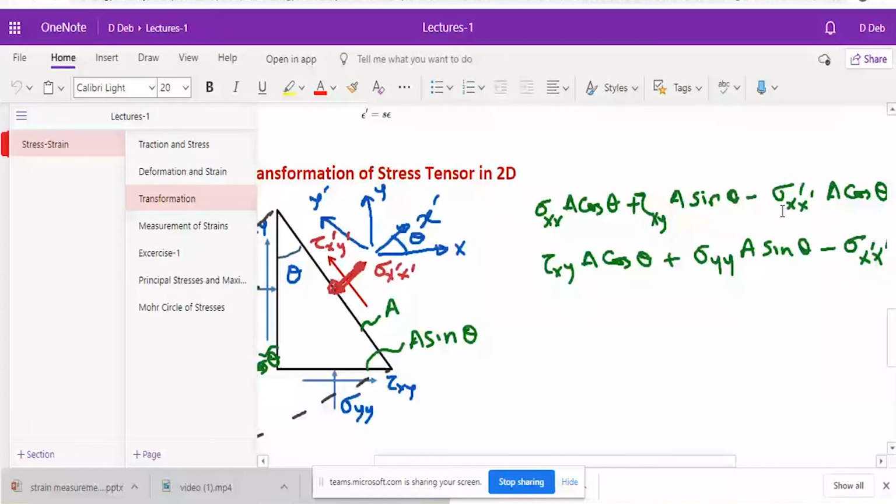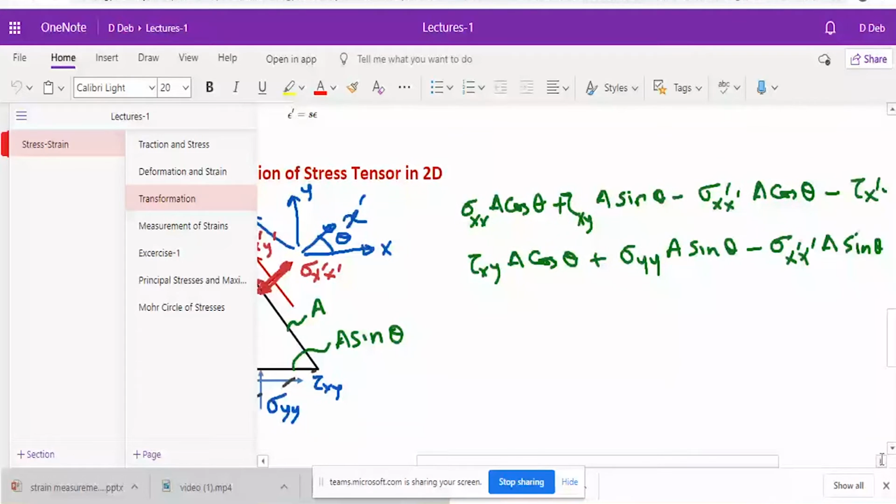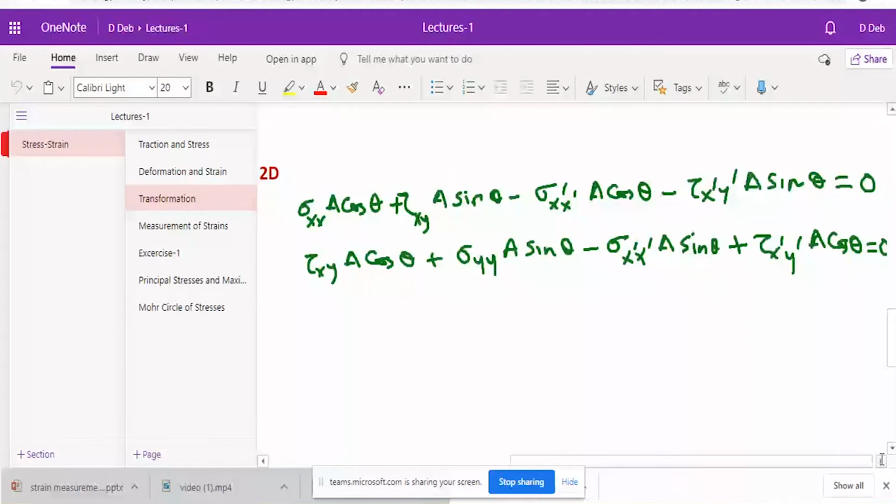So we can write one equation like this, assuming there is no force due to its density, meaning due to its own weight. And the second equation, all the forces in Y direction, we can write it this way.